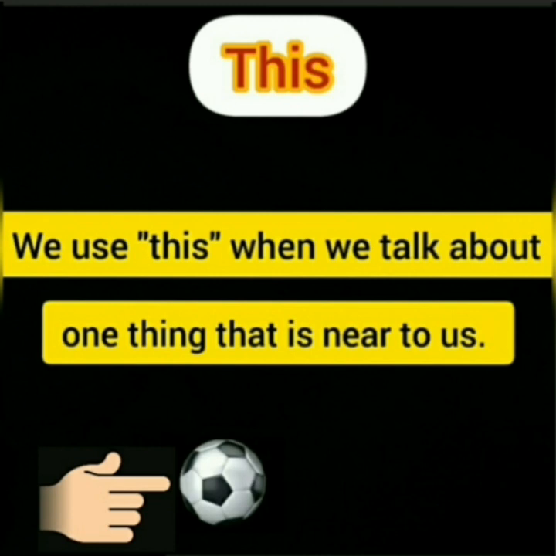We use this when we talk about one thing that is near to us. जब कोई भी एक चीज़ हमारे नज़दीक हो, मीन्स पास में हो, तो हम this यूज़ करते हैं. Kids, you can see there is only one ball and it is near to me. So I will say this is a ball.